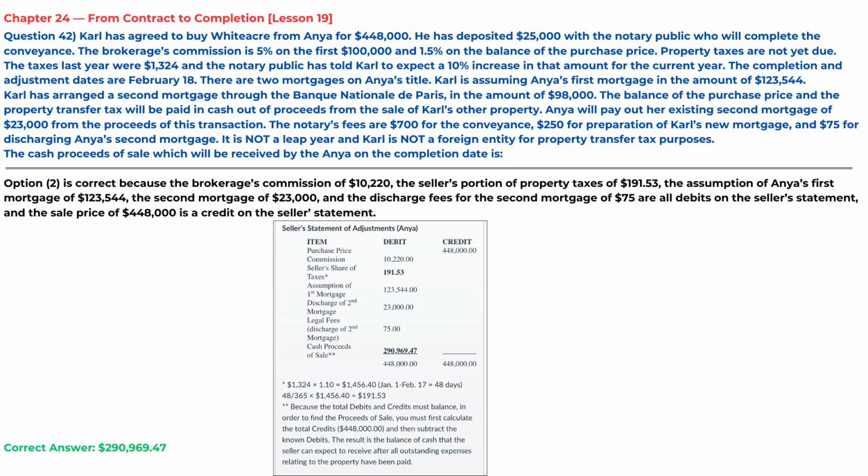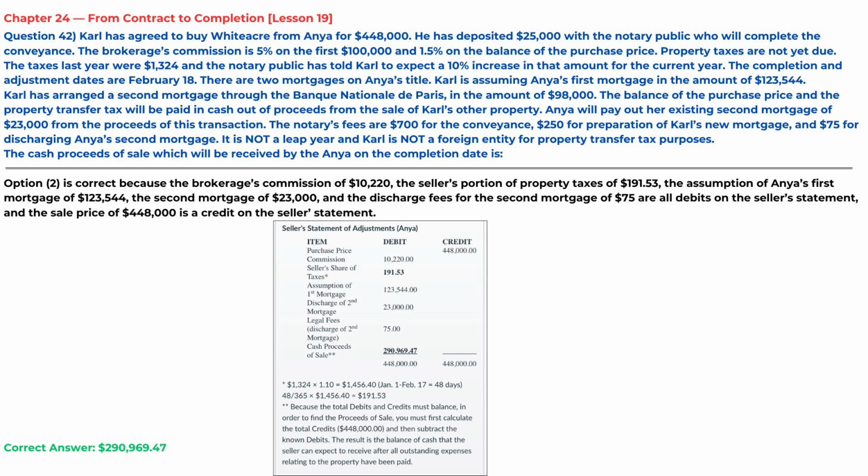There are 2 mortgages on Anya's title. Carl is assuming Anya's first mortgage in the amount of $123,544. Carl has arranged a second mortgage through the Banque Nationale de Paris in the amount of $98,000. Balance of the purchase price and the property transfer tax will be paid in cash out of proceeds from the sale of Carl's other property.